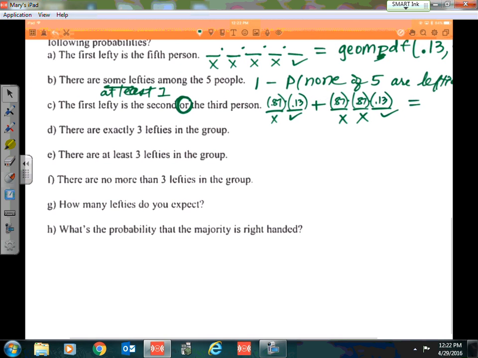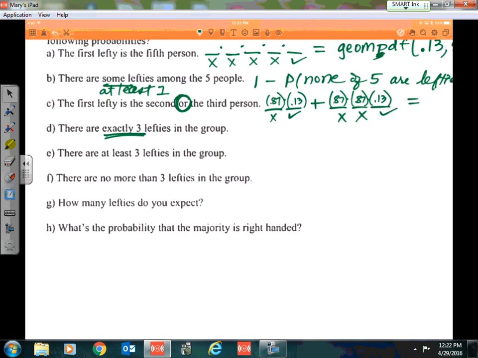All right, next, there are exactly 3 lefties in the group of 5. What kind of problem is that? That is binomial. Those 3 lefties, and exactly 3 of them, are sprinkled anywhere amongst those 5 in any order. So that's got to be binomial. And so I want the probability that x is exactly 3.